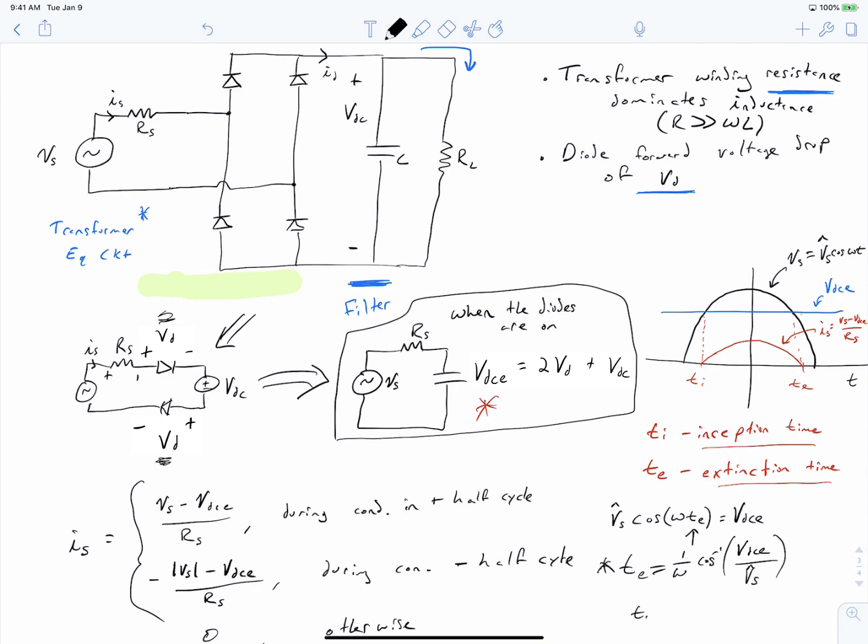Your inception time is simply the negative of the extinction time, because a sinusoid or a cosinusoid is symmetric about time t equals 0. So therefore, Ti is equal to the negative of Te. And this concludes our basic analysis of the operation of single-phase low-frequency rectifiers.